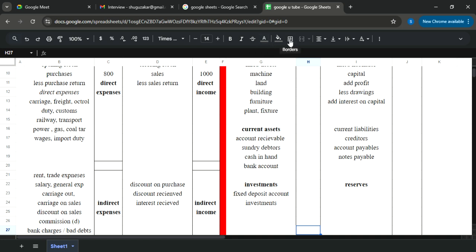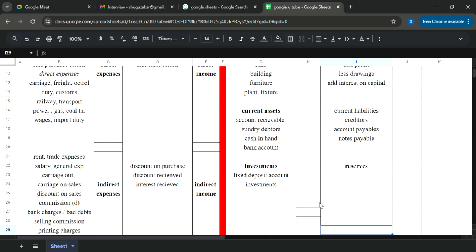Finally, you will take the sum of current assets, fixed assets, and investment. That would be written over here, the sum. And in the same way, you will calculate the sum of all your liabilities.